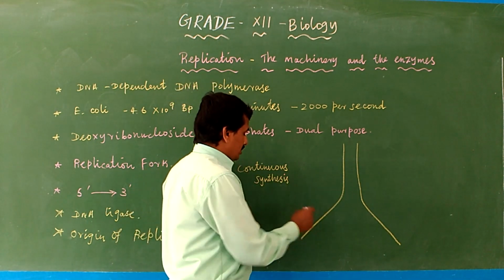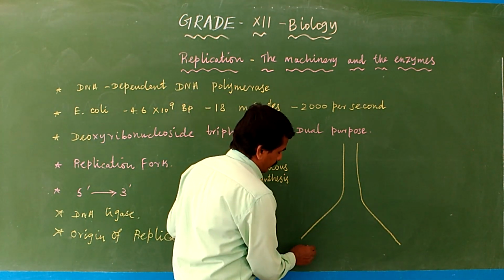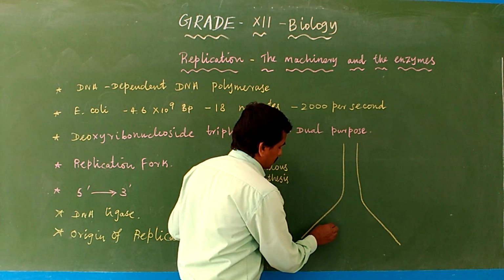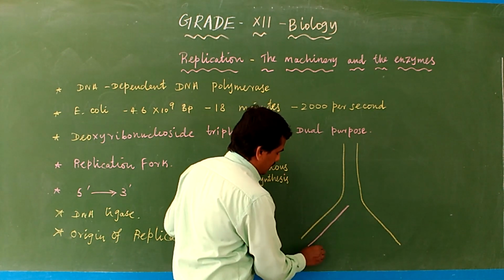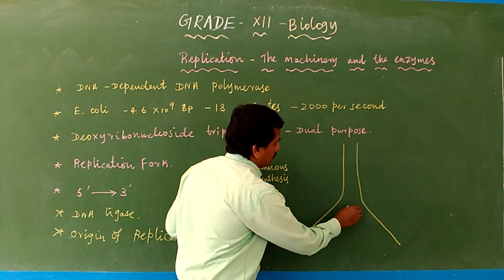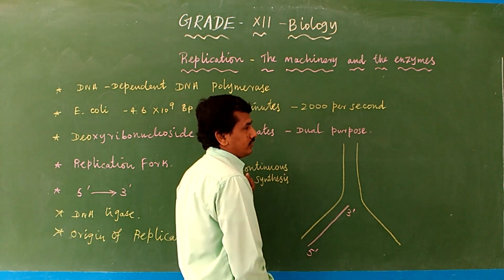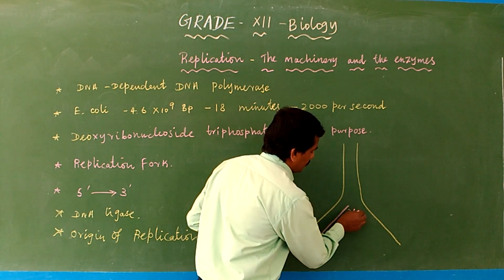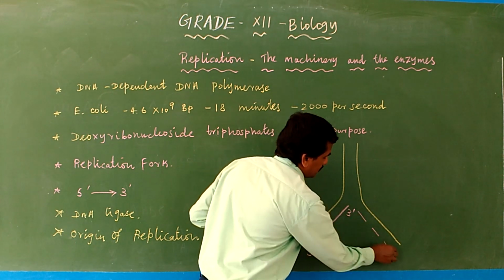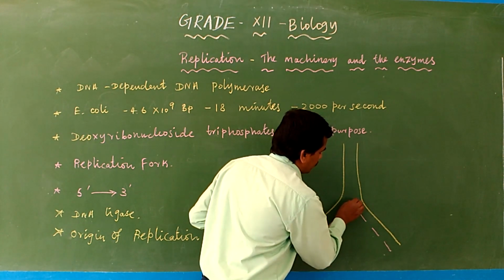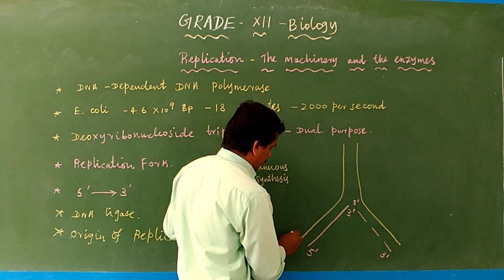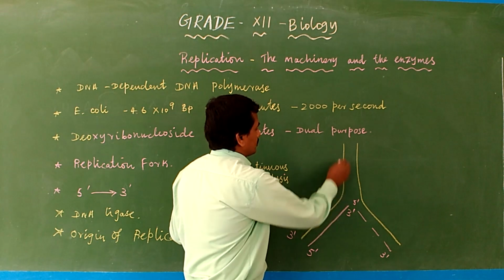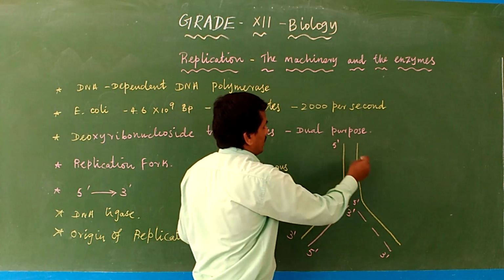Depending on this particular strand, a new DNA is formed. Actually, we know that DNA is formed from 5' to 3'. And here also the DNA is formed from 5' to 3'. Here 5' to 3' means normally this template DNA is 3' to 5'.